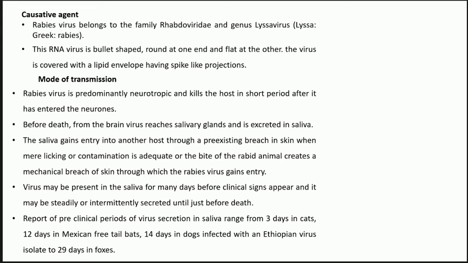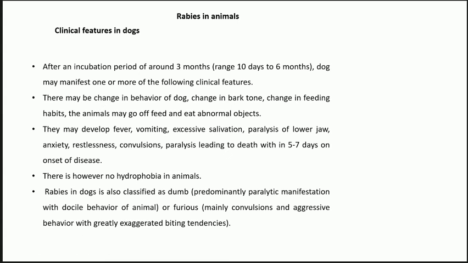Bats also have this virus. So the incubation period varies from 3 days, 12 days, 14 days to 30 days. It may vary from animal to animal, but this is what happens.